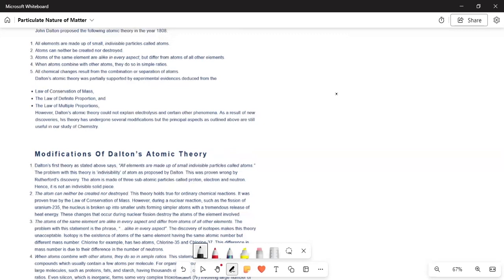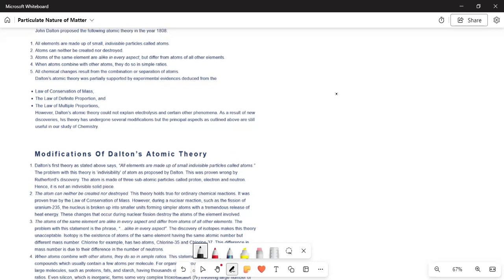Now, the problem with this theory is the word indivisible, as we are going to see when we come to the modification of his theory. So let's first of all look at the theory, and when we come to the modification, we will see what is the problem with his theory and what is now acceptable. So let's just look at the theory one by one first.